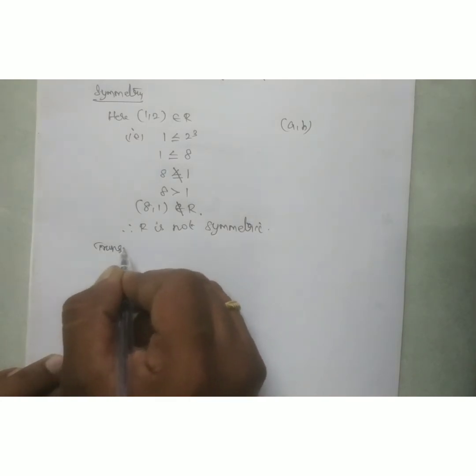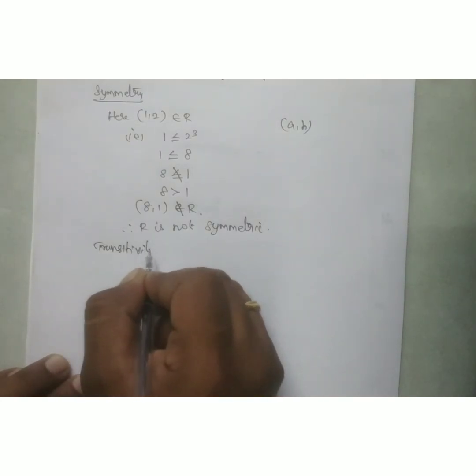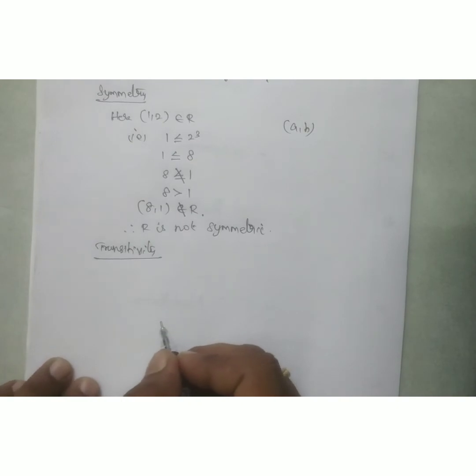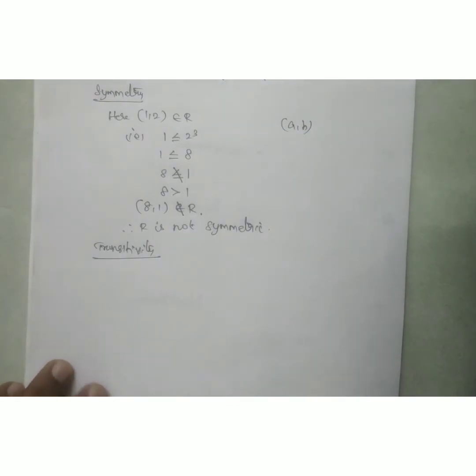Next we have to check the transitivity. What is transitivity? A comma B belongs to R, B comma C belongs to R, which implies A comma C belongs to R. Clear?